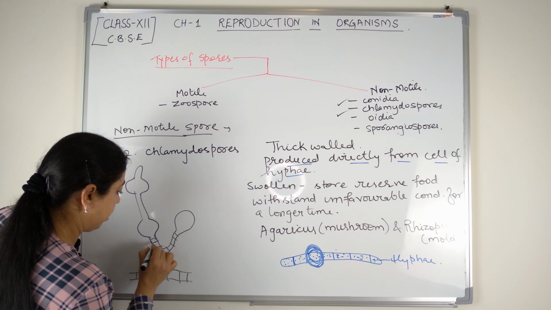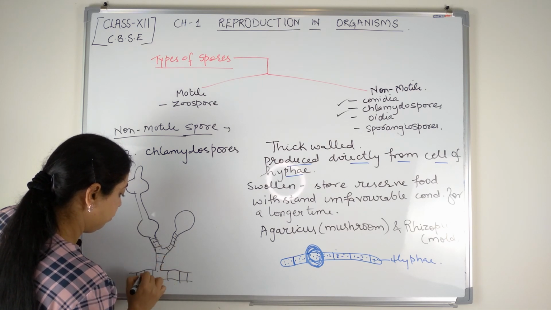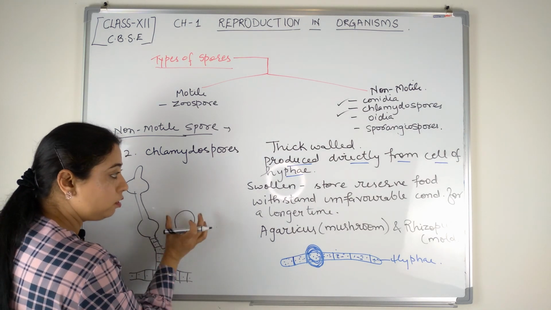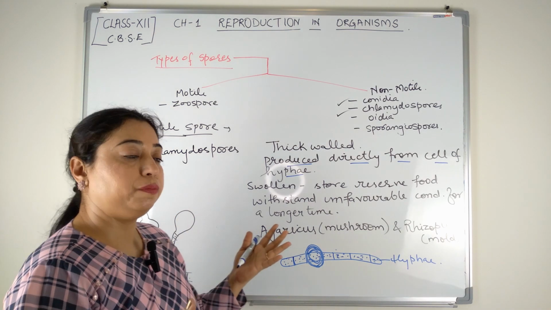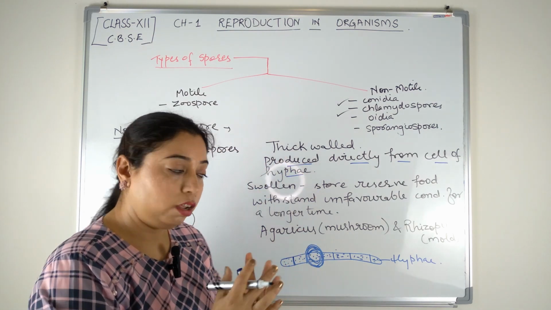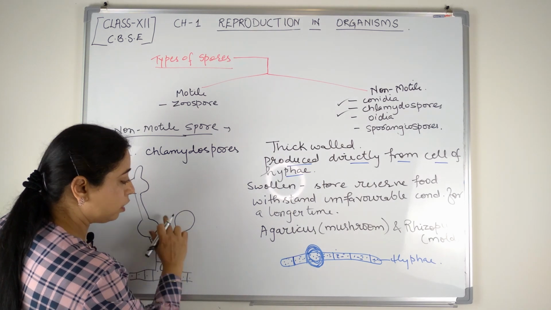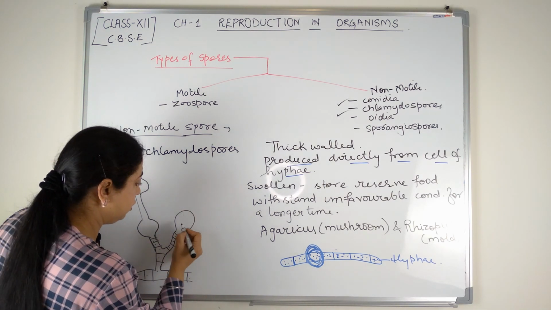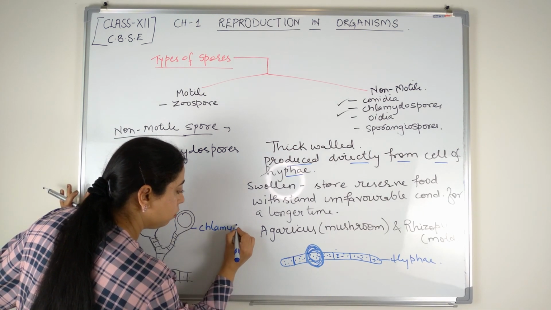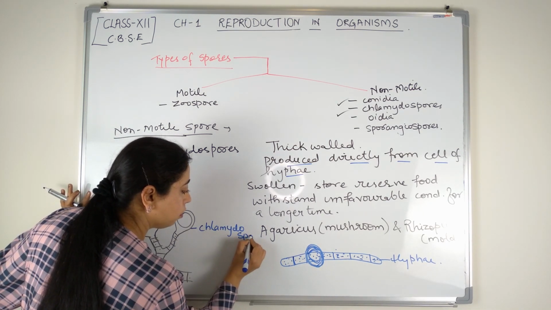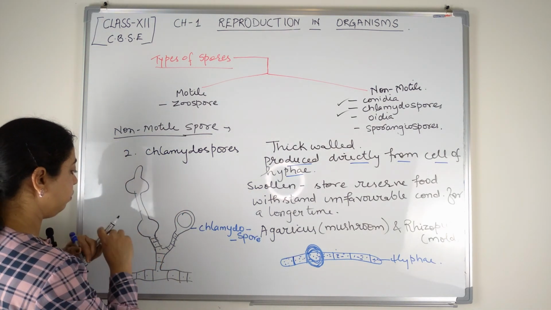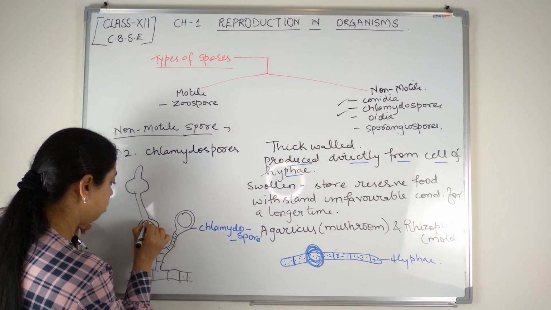But some of the cells of the hyphae get modified into a swollen structure after storing a large amount of reserve food material and acquiring a thick wall. Each such cell of the hyphae transforms into a swollen structure, and this swollen structure is nothing but a chlamydospore. Here also we have a chlamydospore.